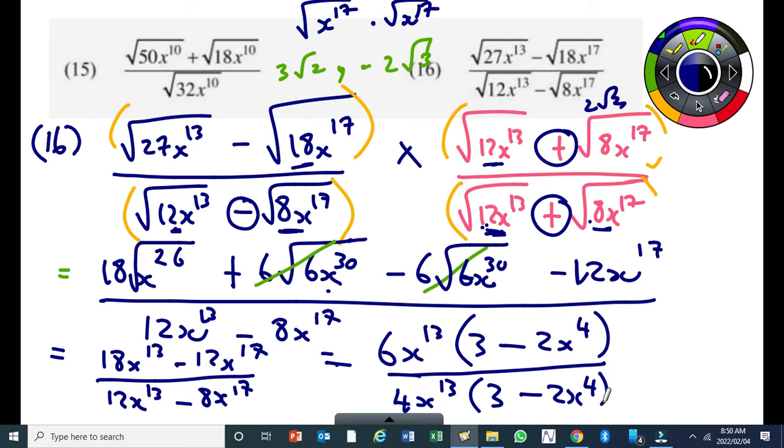Now, these two cancel out, right? So in the end, our answer is 3 over 2, because the x to the power of 13 and the x to the power of 13 cancel out. So we'll have 6 over 4, which gives us 3 over 2.